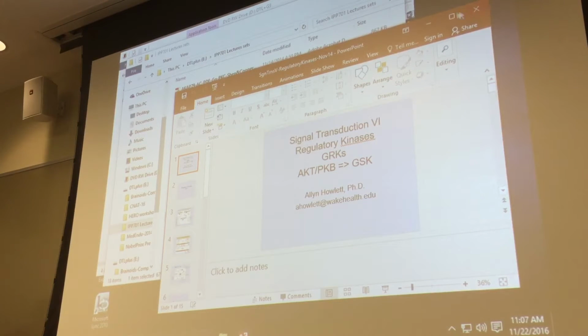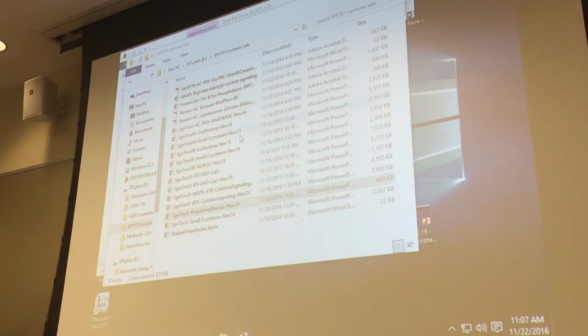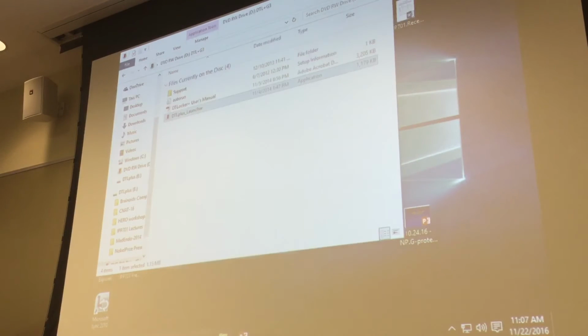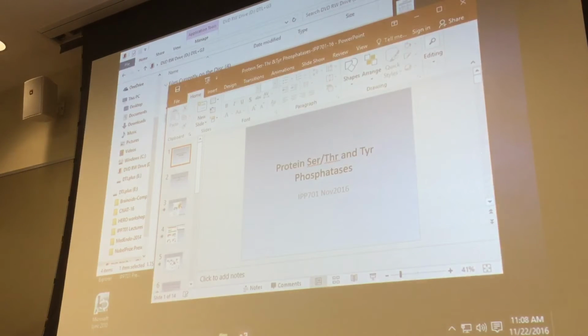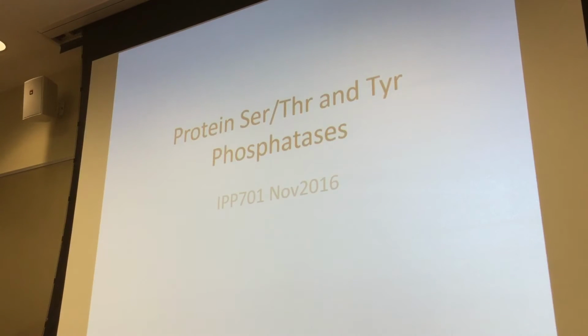I did notice that in the lecture set that we had on mTOR, we had kinase signaling through this pathway again. So you might go back and take a look to see where glycogen synthase kinase was interacting back with the mTOR pathway as well.